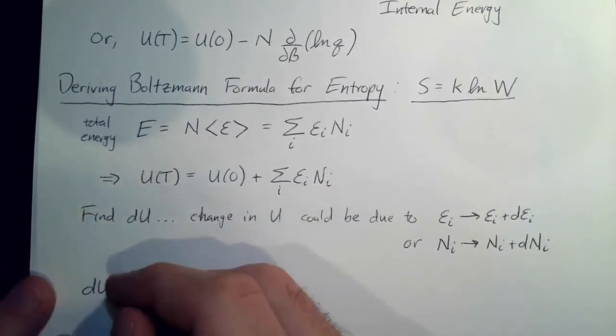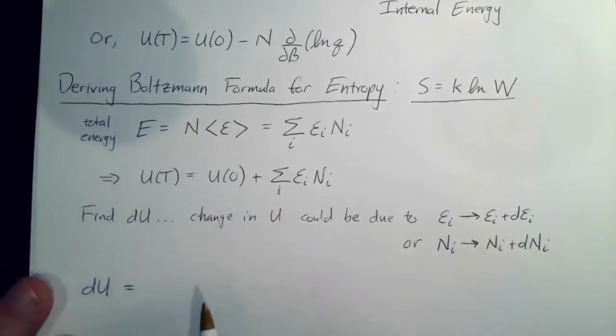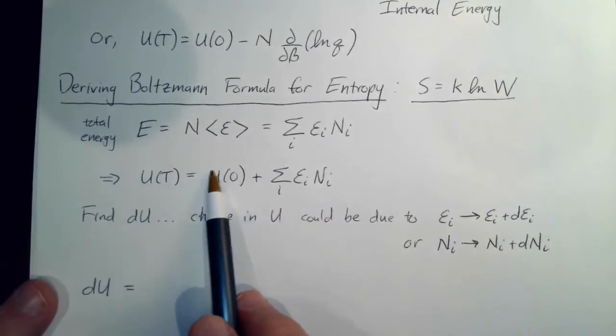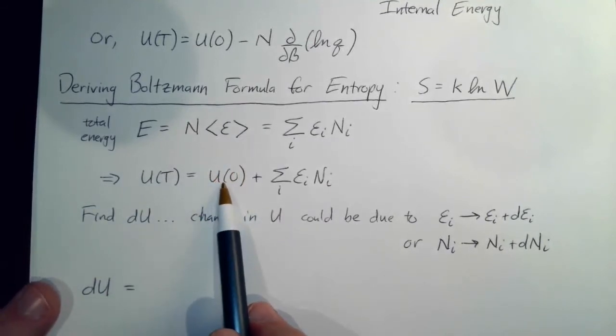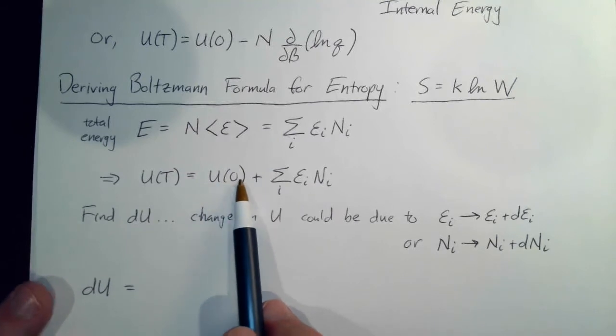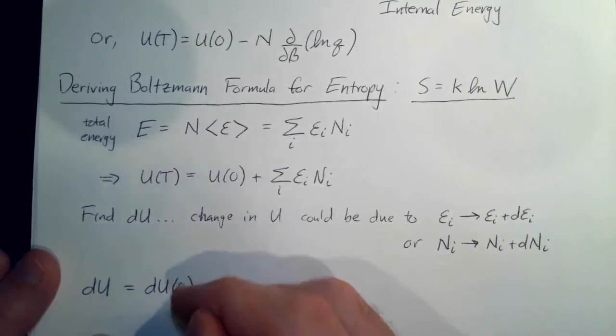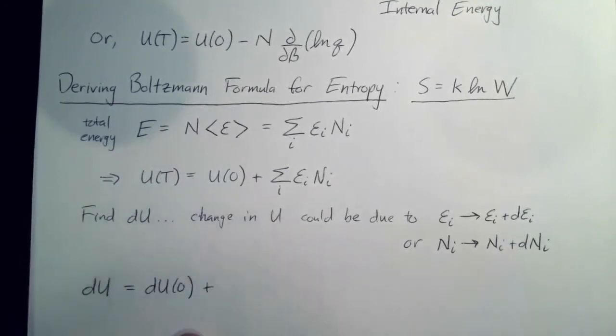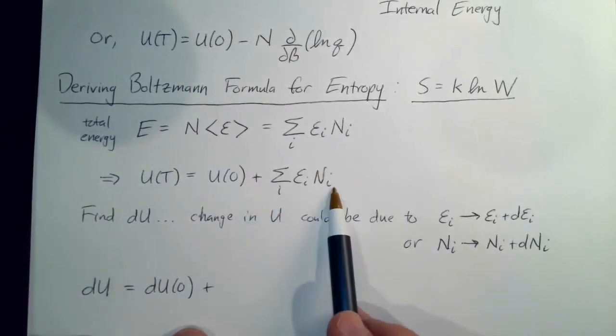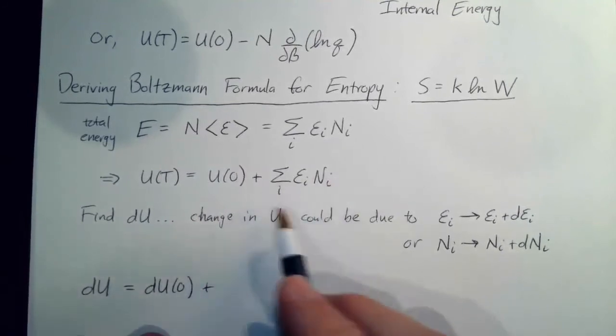Okay, so dU is going to equal, U0 is a constant. Well, okay, let me come back to that. So dU0 plus, now I need to use the product rule. Okay, so I need to use the product rule on this.